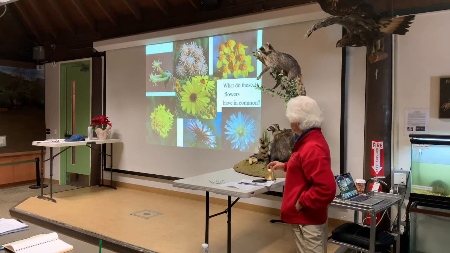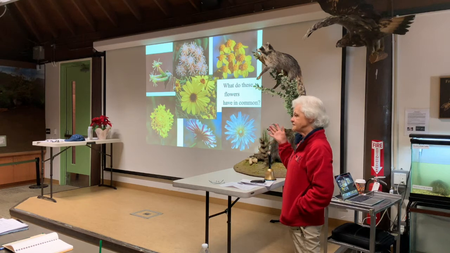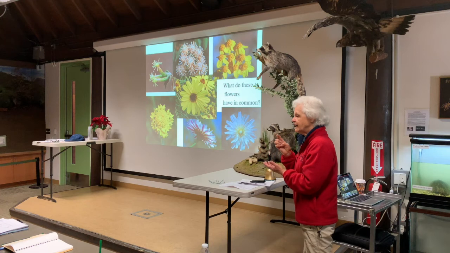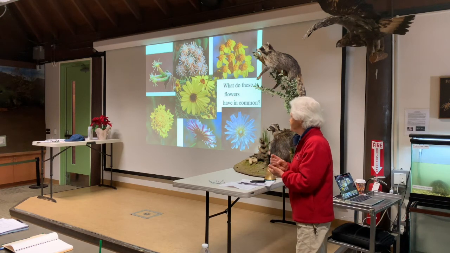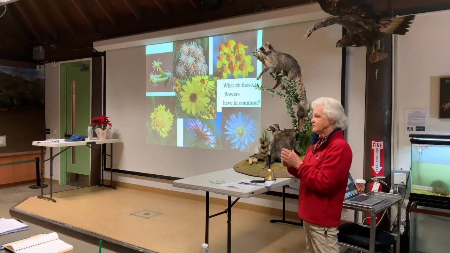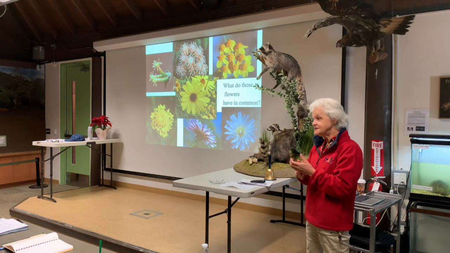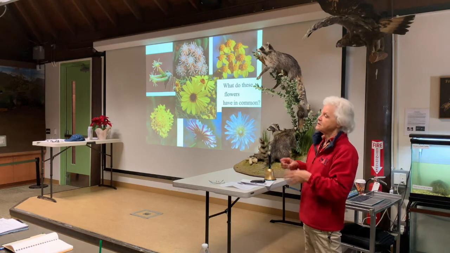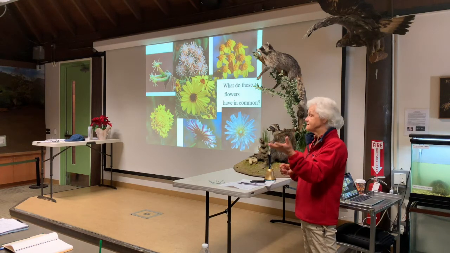And that's the neat part about beginning to identify the flowers. You might not have the specific species, but if you know the family or you know the genus even, like oak, you don't know which kind of oak it is, but it's an oak because it has an acorn.